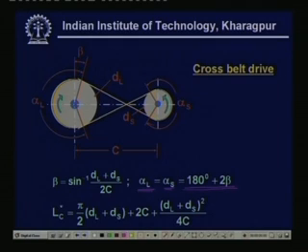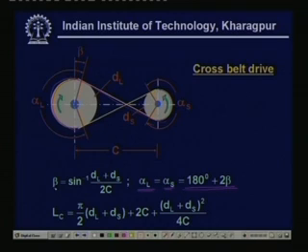And in a similar manner, the length of the belt for the cross belt drive comes out to be this one. This is the entire length of the belt for the cross belt drive, and that is given by this formula: pi by 2 (dl plus ds) plus 2c plus (dl plus ds) whole square by 4c.